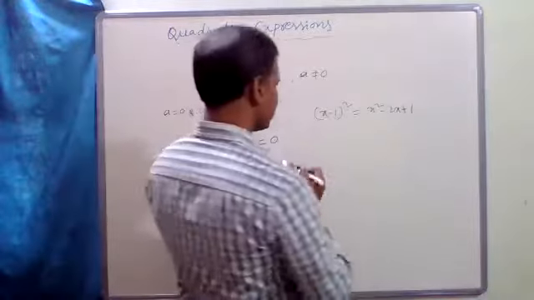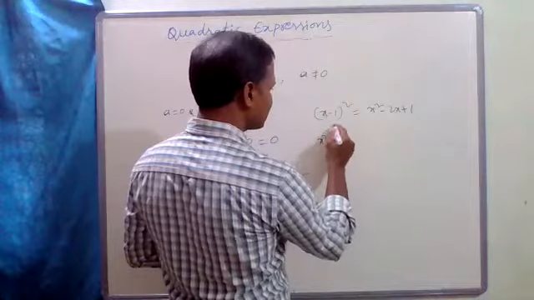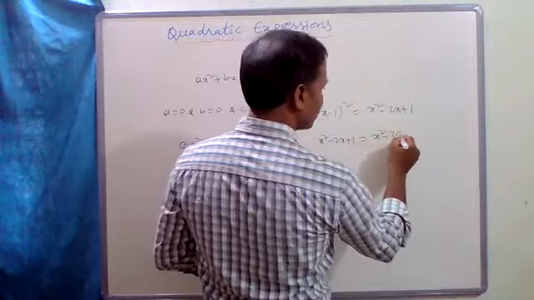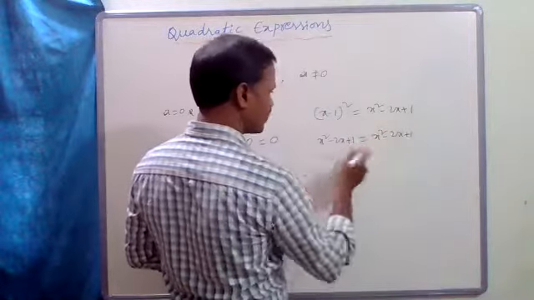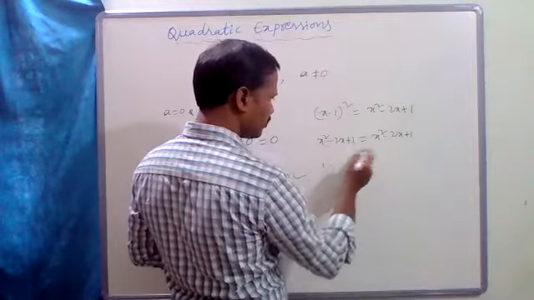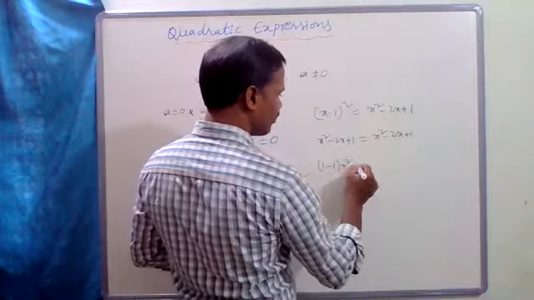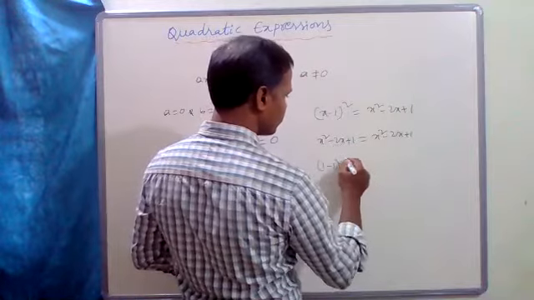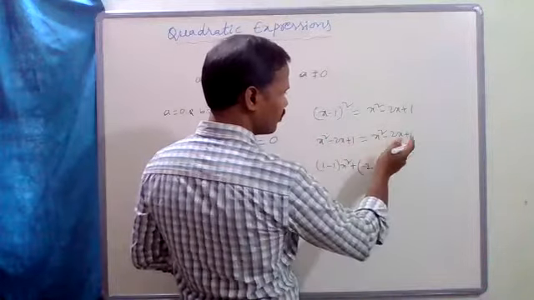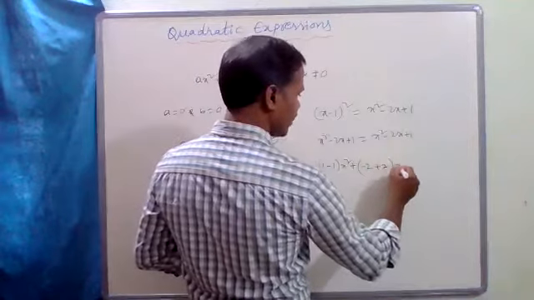So observe this. Expand the left side. What will you get? X square minus 2x plus 1 equal to x square minus 2x plus 1. Take all terms to the left side. The coefficient of x square is 1 on the left side, so 1 minus 1 into x square. Minus 2, if you take it to this side, it becomes plus 2x.